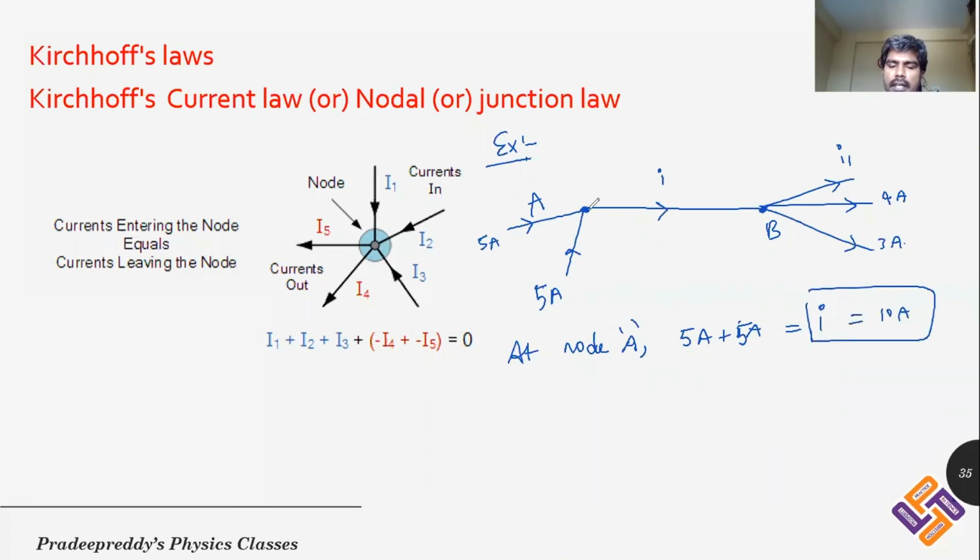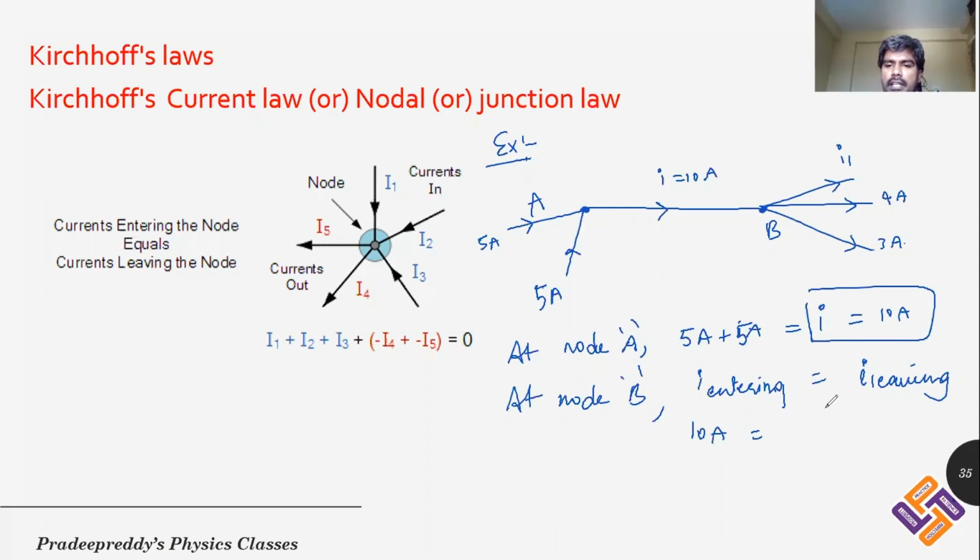Therefore, what is the current from A to B? From A to B, totally 10 ampere of current will be flowing because there is only one single path. After coming to B, how much current is entering into this point B? 10 ampere of current is entering into point B. That should be divided into 3 parts because there are 3 different paths. Therefore, at node B, I can write current entering is equal to current leaving. 10 ampere of current is entering there.